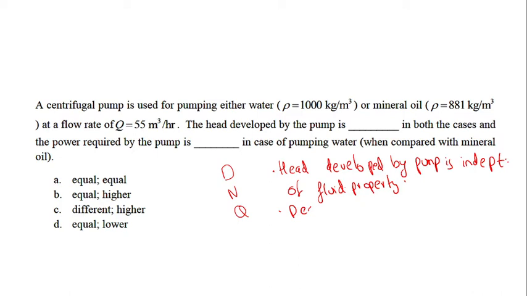The expression for power required by a pump is given by this. Here the density term is coming: delta H is head, rho is density, g is acceleration due to gravity, and Q is the flow rate.